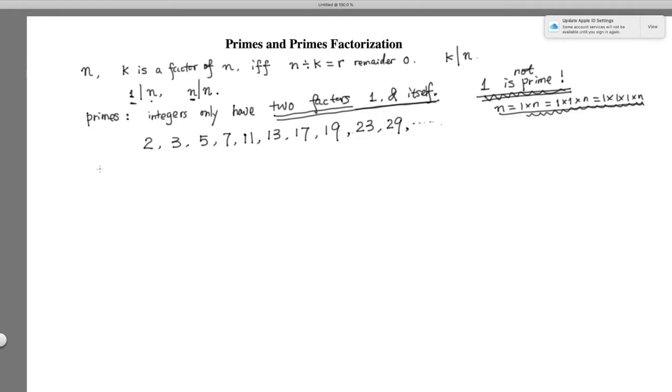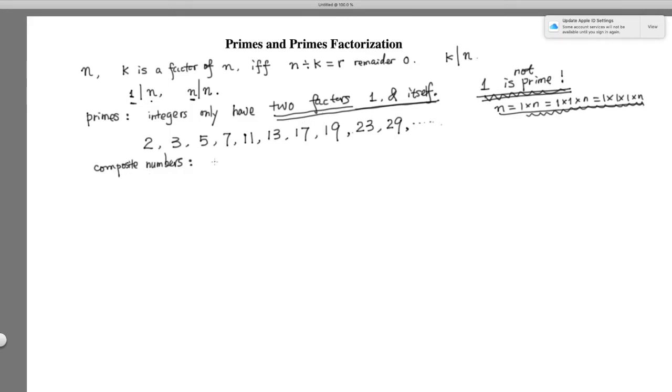And the numbers that are not primes are called composite numbers. These are the numbers having more than 2 factors.